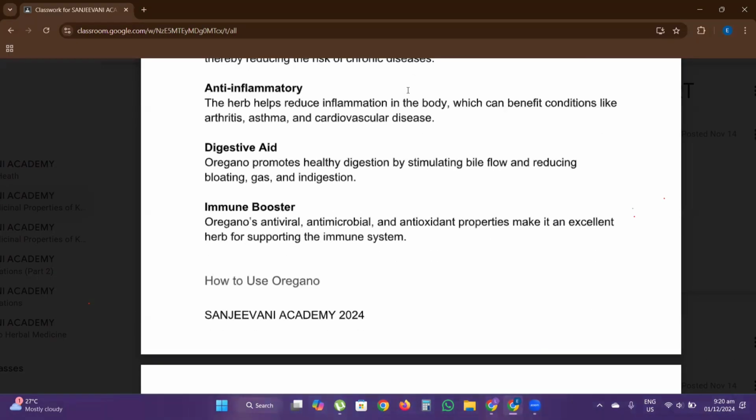It also promotes healthy digestion by stimulating bile flow and reducing bloating, gas, and indigestion. So you can drink it as a tea, or you can take a few drops of your oil orally and prepare yourself for the food. Now, depending on your palate or your preference, you can.